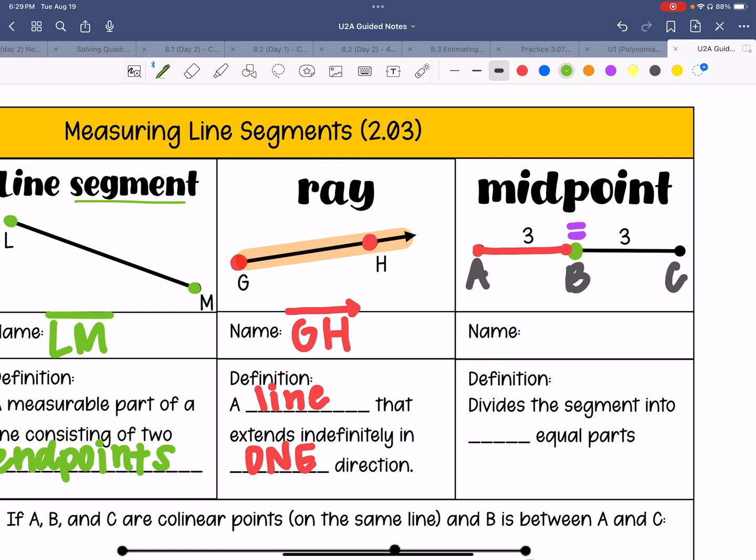And then we can also see that from B to C is 3 units as well. So that midpoint is telling us that we are dividing our segment into 2 equal parts. And it is a point, hence the name. So if we're naming it, we're just naming it by whatever capital letter we are using, which in this case, our midpoint would be B.